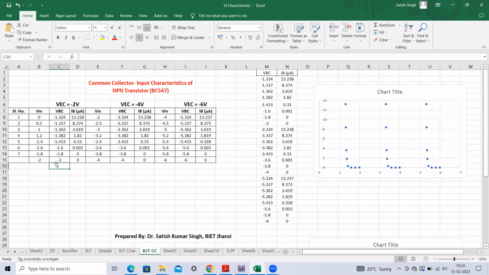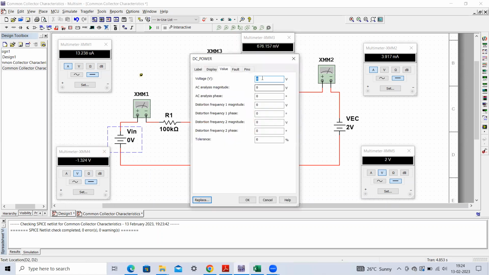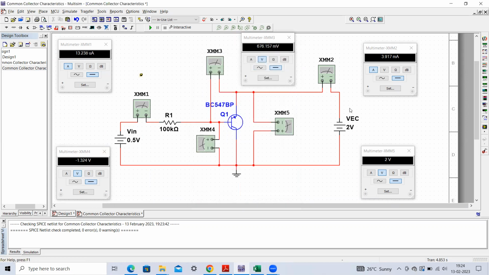Now for the second reading, again, you can just make V in equals to 0.5. First we have to stop it, and then make it 0.5. You remember that we have to keep this VEC constant, at 2 volt.